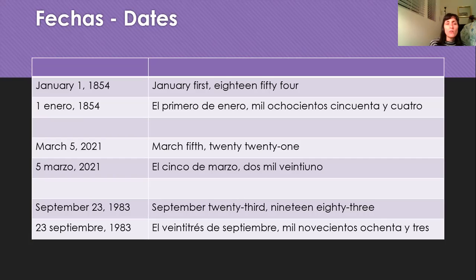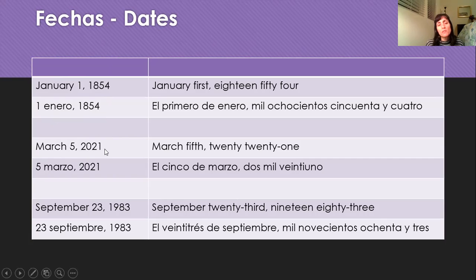The numbers that you might already know or that we're going to review in just a moment, just regular counting numbers. And instead of breaking the year into two parts with 18 54, in Spanish we say a whole long number, 1,854. So this would be el primero de enero, 1854.